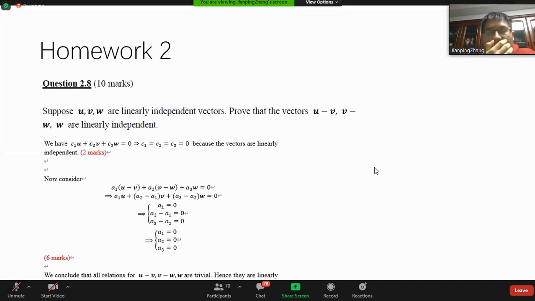To say other things about proof questions, from my experience, you can examine what definition you would like to use to express the conditions. Like in this question, U, V, W are linearly independent vectors, so we can use the definition of solving the equations, where the only possible solution is all 0.